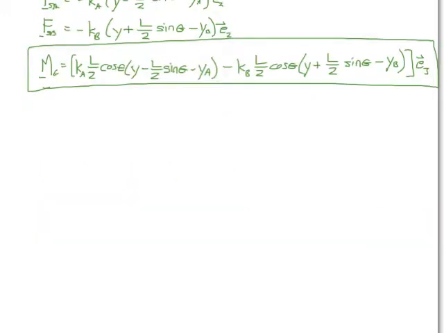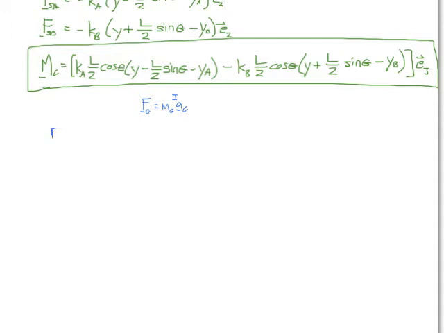Now to analyze the dynamics of this system, let's apply Euler's first and second laws. First, Euler's first law: the sum of forces on G is equal to the mass, m sub G, multiplied by the acceleration of the center of mass as observed in the inertial reference frame. Let's start with our translational kinematics.